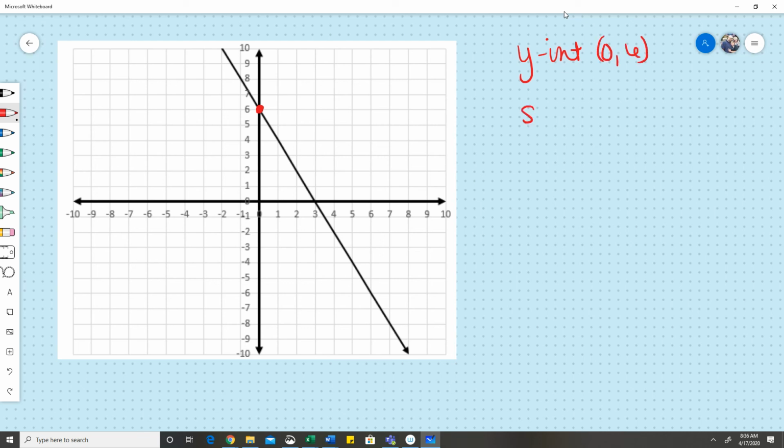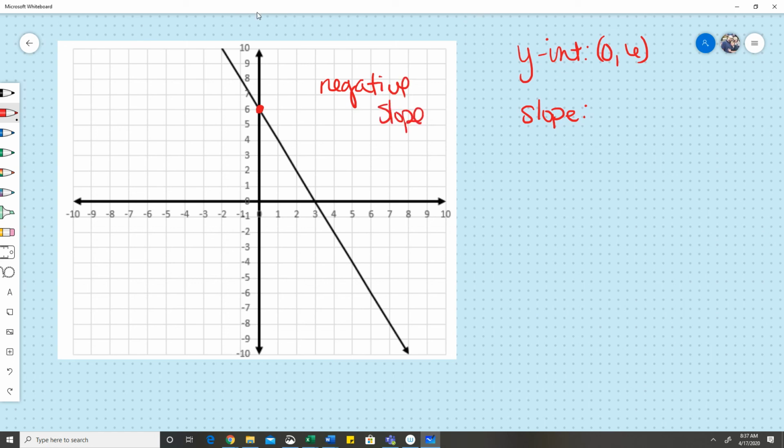My slope. Now this slope looks a little bit different than the others that we've been looking at. This time the line is going down. The other two examples we've had, the line was going up. So in a case like this, when the line is going down, our slope is going to be negative.